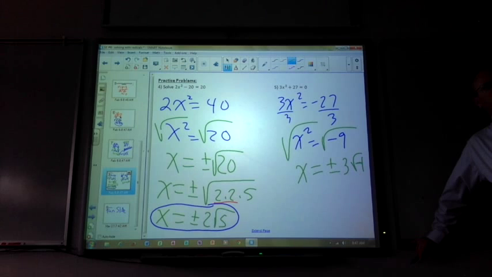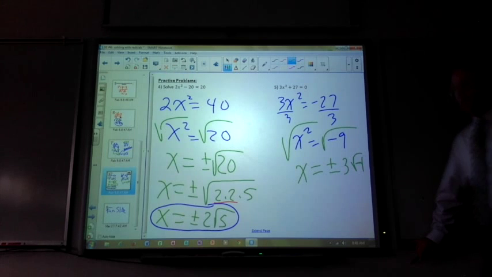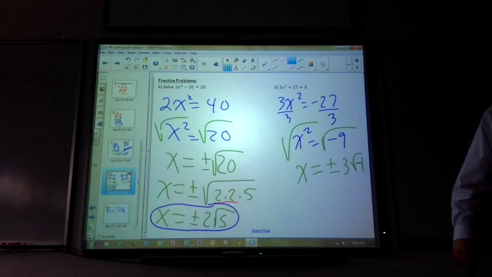What do you think? It's the square root of negative 1. No, 1 times 1 is 1. Negative 1 times negative 1 is positive 1. Any thoughts? No solution.